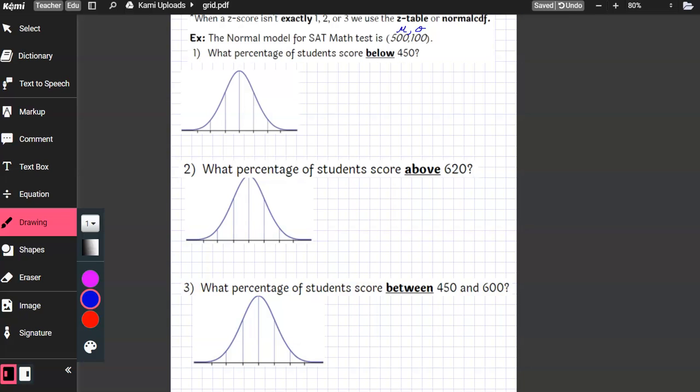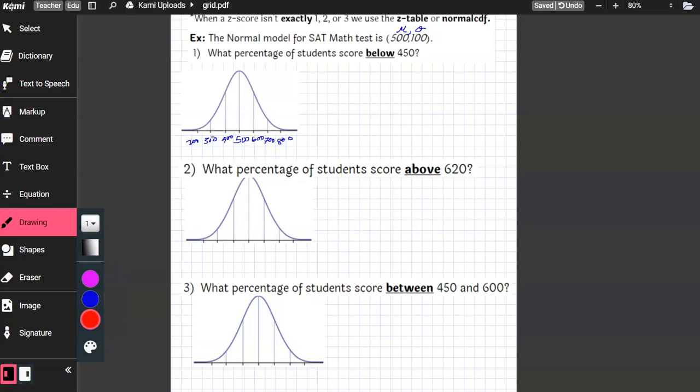So first I'm going to label my standard deviations and label my picture. So the mean is 500 with a standard deviation of 100. So that means that this would be 600, 400, 700, 800, and so on.